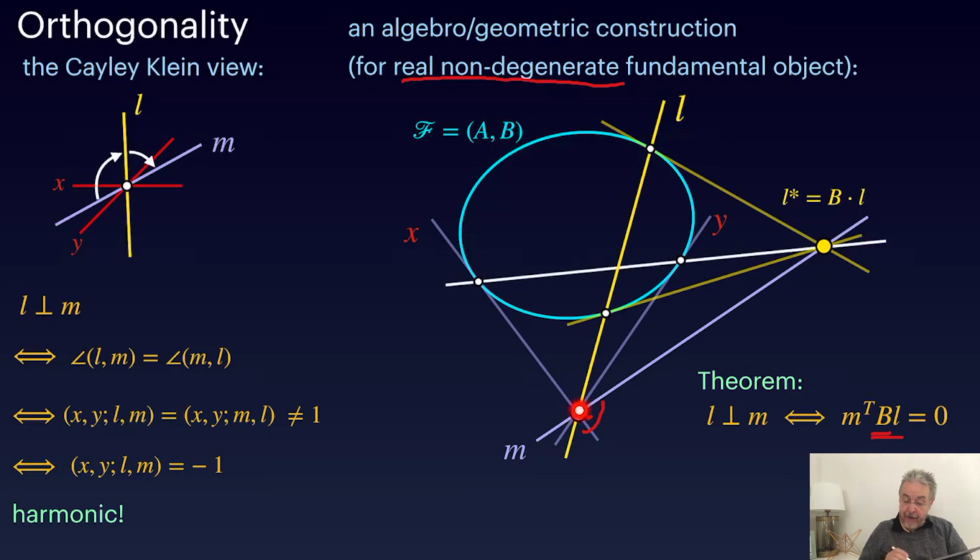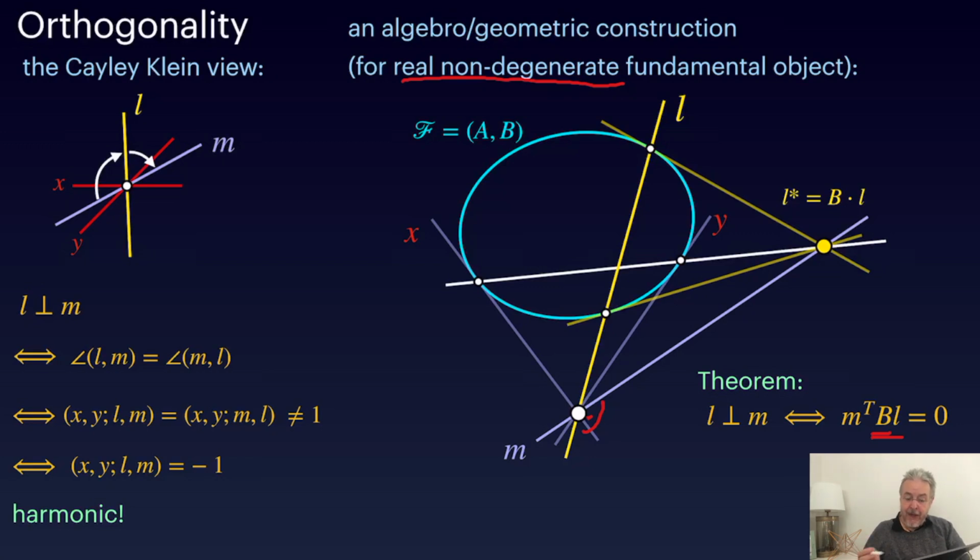So the polar of that point is the line that you get when you take the two tangents, this was our X and Y, take their intersection with the fundamental object and draw the polar. And now you see some interesting thing happening in the drawing. This polar automatically passes through our point L star here, because this is a geometric theorem.